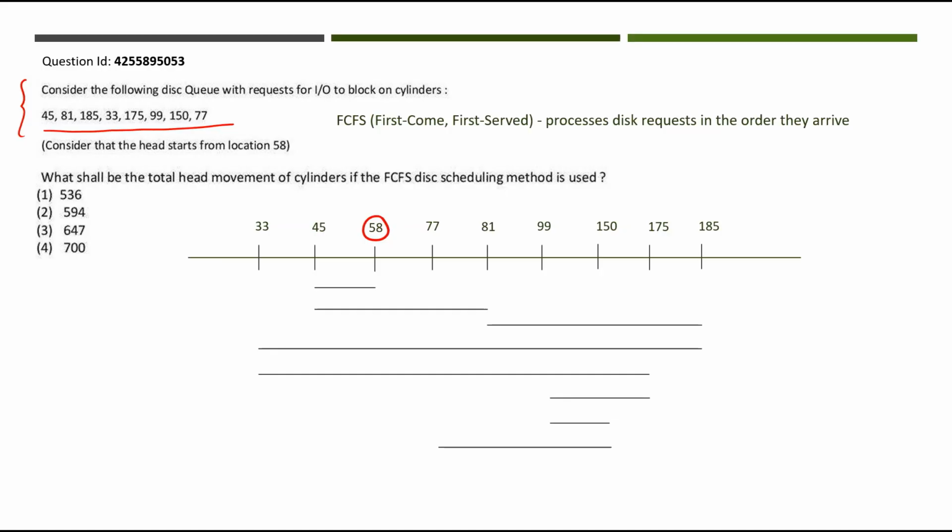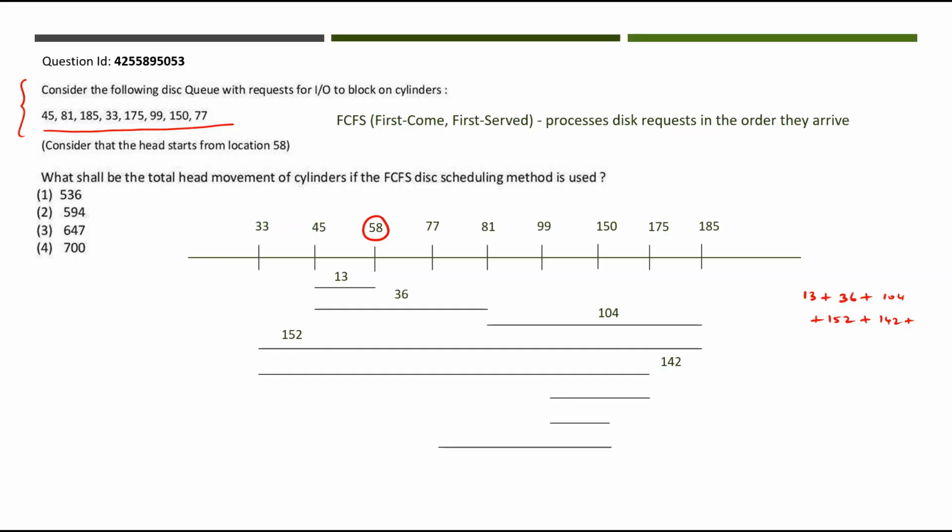Now let's take the difference between 58 and 45, which is 13. Then 45 and 81 will be 36. 81 and 185 will be 104. Then we have 185 and 33, which is 152. The difference between 33 and 175 will be 142.